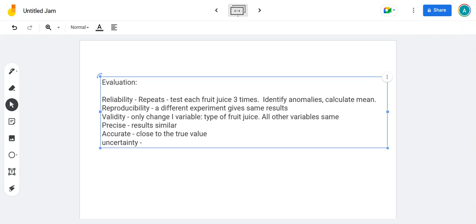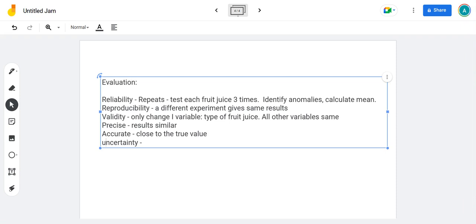If they get a different result, then your result's not very accurate. But how can we tell that? We could compare to published results online that someone had got using excellent technique and excellent equipment. Alternatively, we could draw results onto a graph and compare them, but that doesn't really apply to this experiment. So are our results close to the true value?